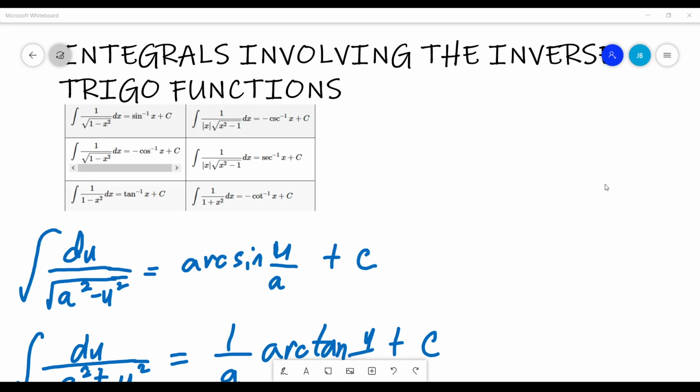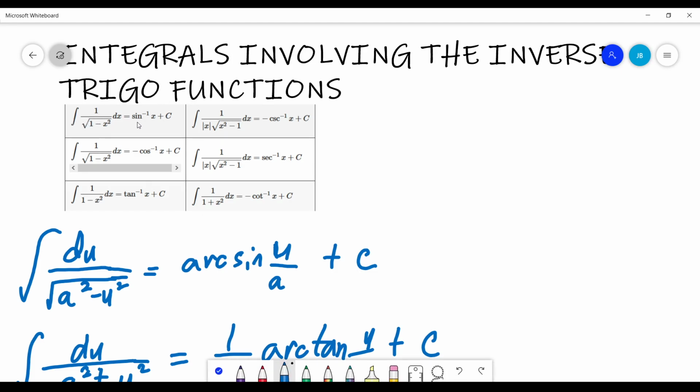The objective of this lecture is for you to understand further the integration of inverse trigonometric functions. Here in the video is the summary of the integration of the inverse trigonometric functions. So that's the arc sine.